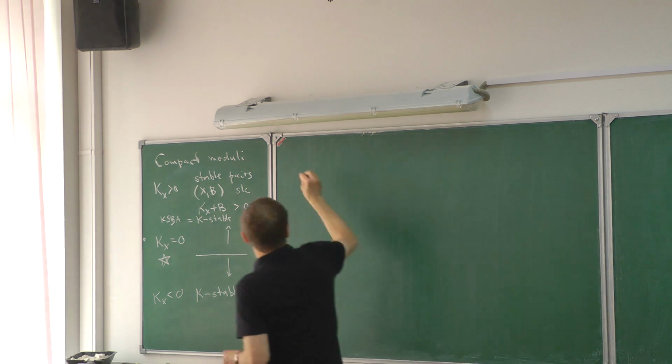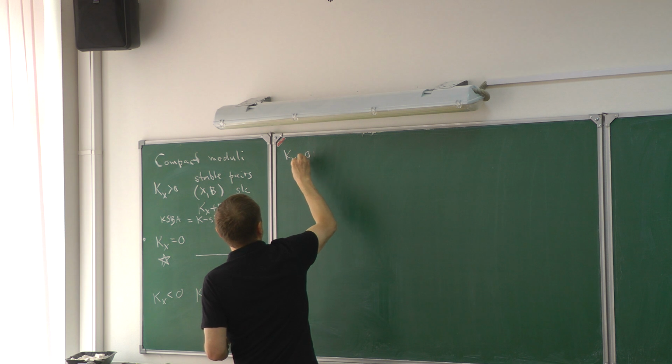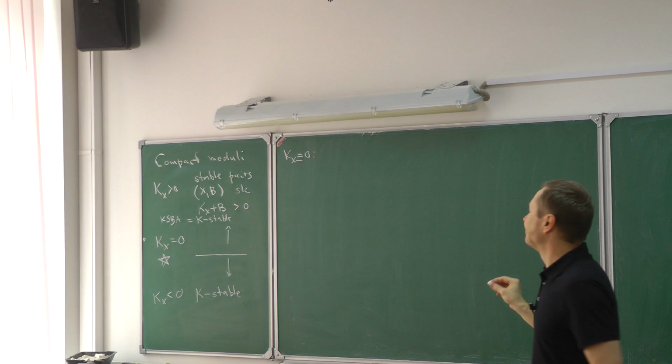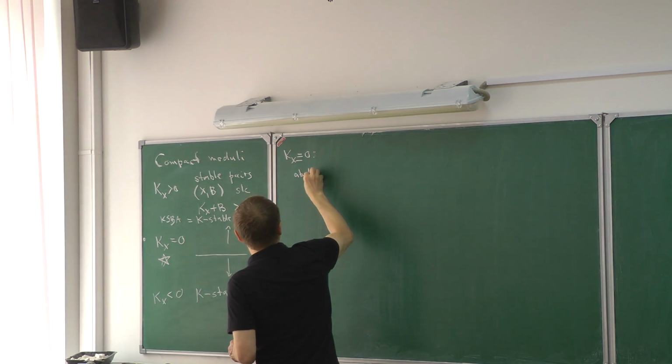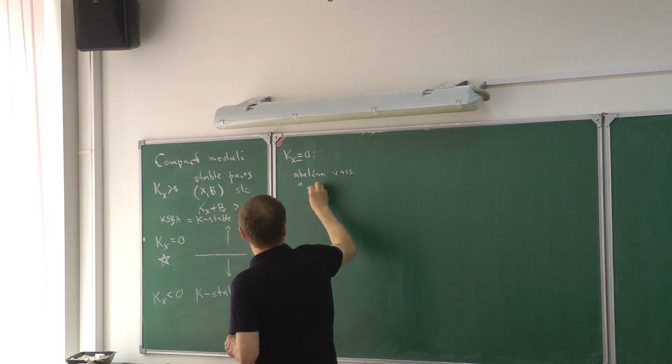And so what are the varieties with trivial canonical class? There are abelian varieties, of course, and those are easy.